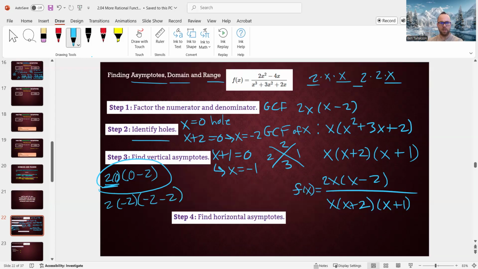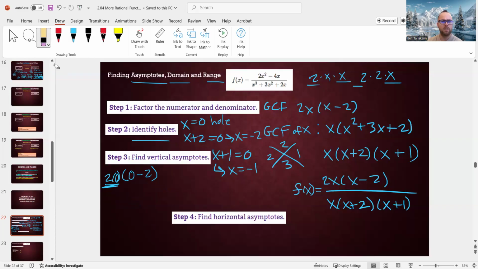Well, this, let's see, did I do that correctly? Negative 2, 2 times negative 2. I don't think that's a hole.